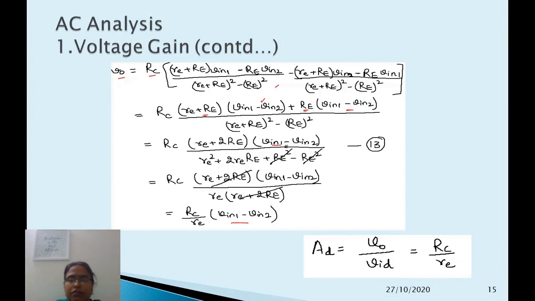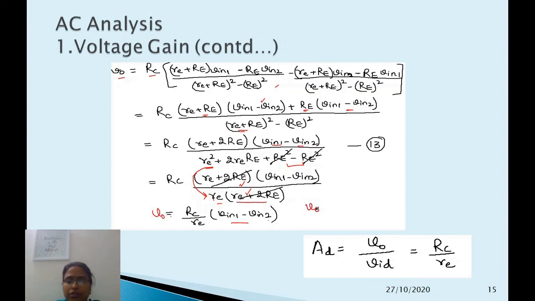So taking Vin1 minus Vin2, it is equal to RE plus 2re upon, opening these brackets, it is re square plus 2 re RE plus RE square minus re. This cancelled out, and taking RE common from this, we get RE plus 2re inside the bracket, and these two terms now get cancelled out, and we are left with RC upon RE into Vin1 minus Vin2, and this is equal to V0.